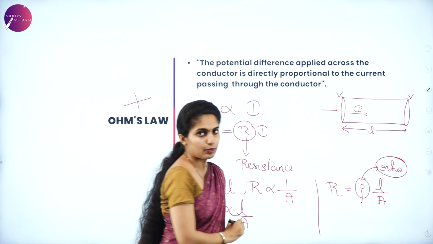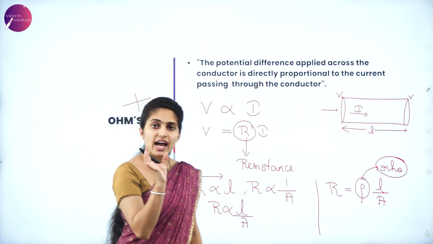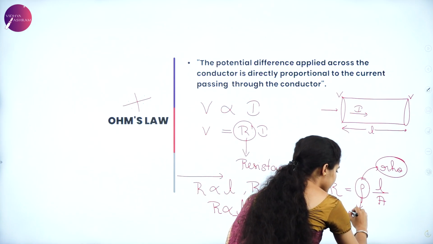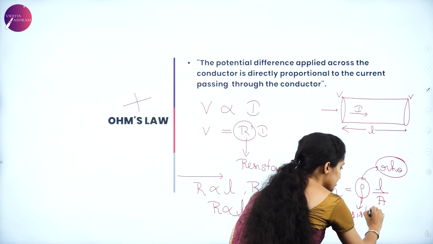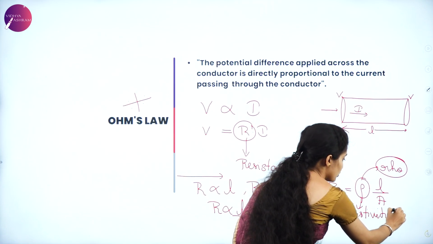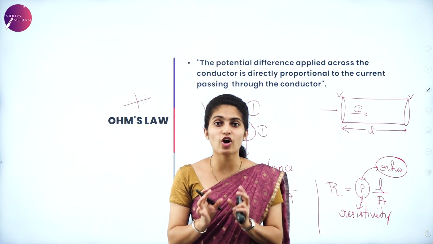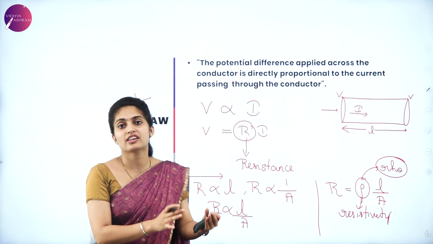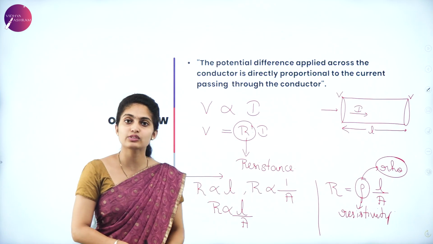So what is that rho? Rho is nothing but the resistivity. Resistance is having a power called resistivity. How much the resistivity of a certain conductor is can be checked by using this formula.